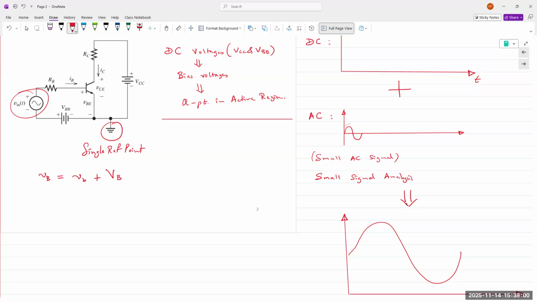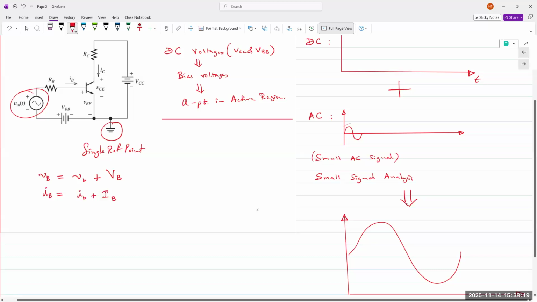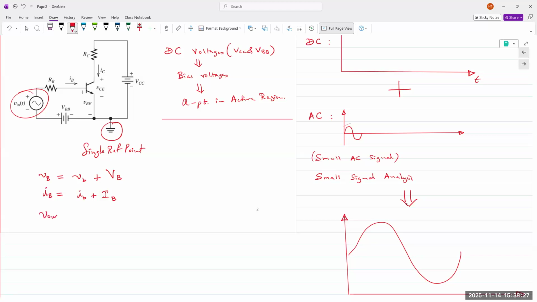Lowercase is used for AC, uppercase is used for DC, and when it's a mix of both, it means it has both quantities. When you analyze these kinds of circuits, we separate the DC and the AC analysis, and that comes later in this chapter. Vout is equal to vCE, and vCE is the sum of both the DC and the AC.